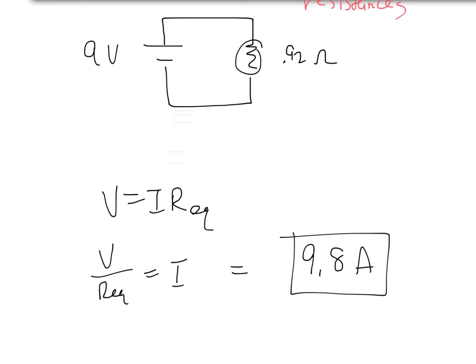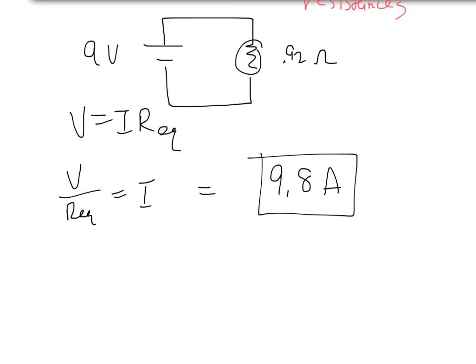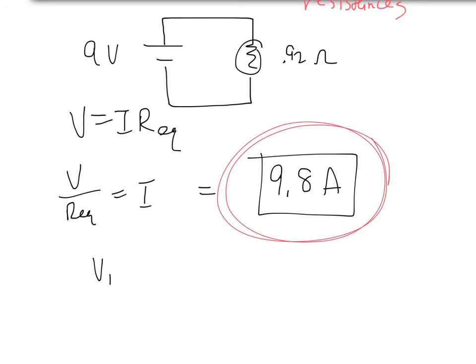we know the voltage across every resistor is the same in parallel. So let's find the current for each resistor and see that when we add them up, we get this number. So let's start with resistor number 1. Let's find the current through resistor number 1 first. Remembering that the voltage in parallel is the same for all resistors.